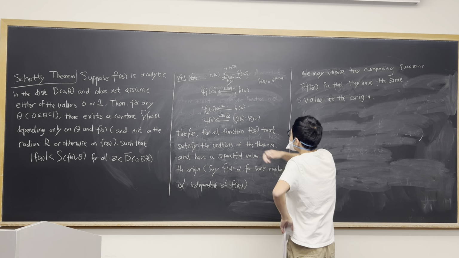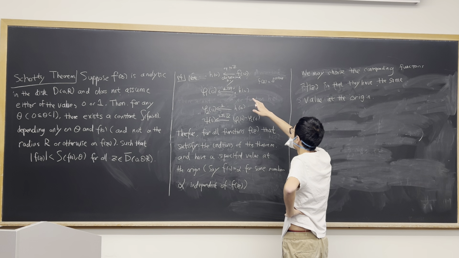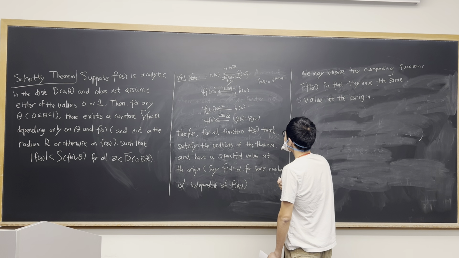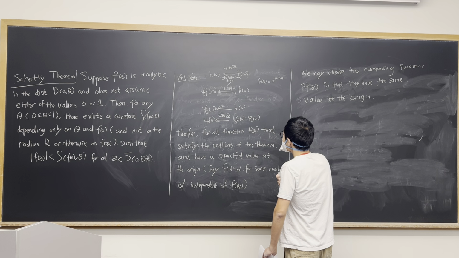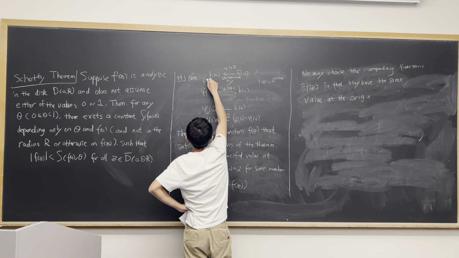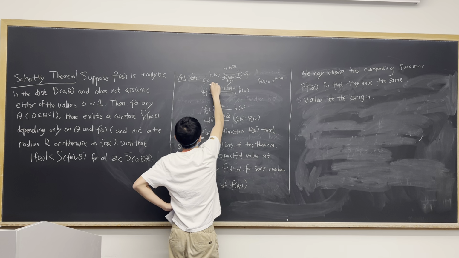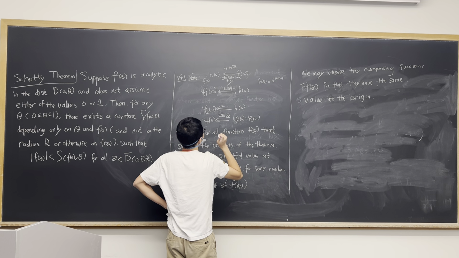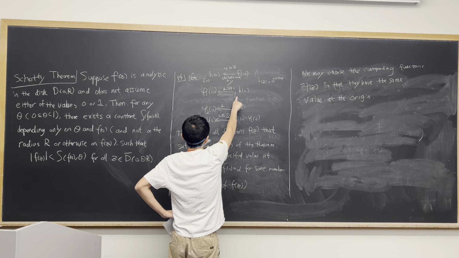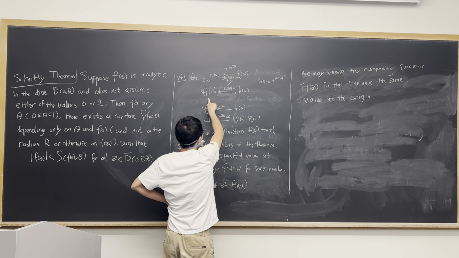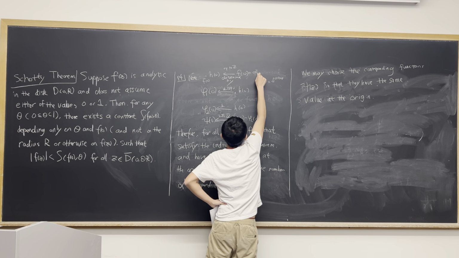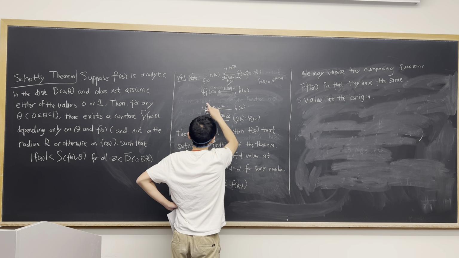So we want to choose this h(z) such that h(z) is like f of 0 plus some constant, and then this phi 1 of 0 is up to a plus or minus sign. We fix f of 0 equal to alpha.